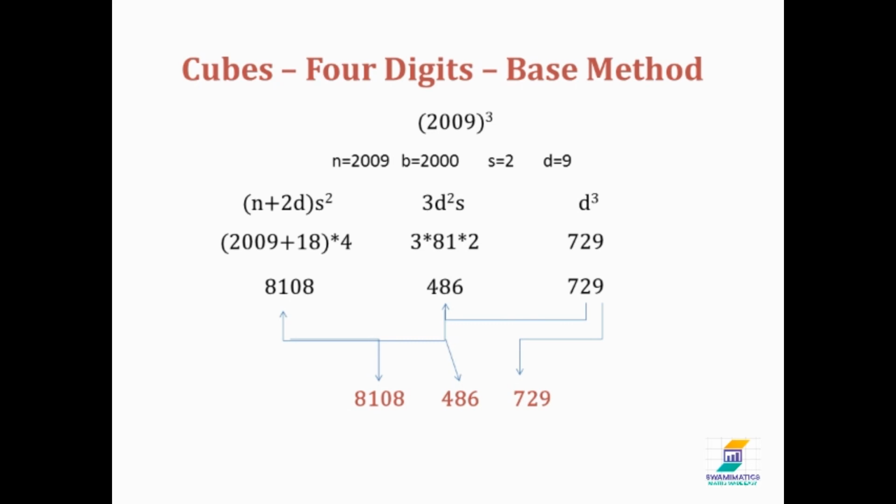Now you see, by this method I am actually arriving at the answer just by 2 steps. The n plus 2d, square, those things are given just for your explanation. So when I do it in practice, what will I do? From 2009 cube, I will straight away go for 2009 plus 18, etc. So in 2 steps, I am able to arrive at the answer.